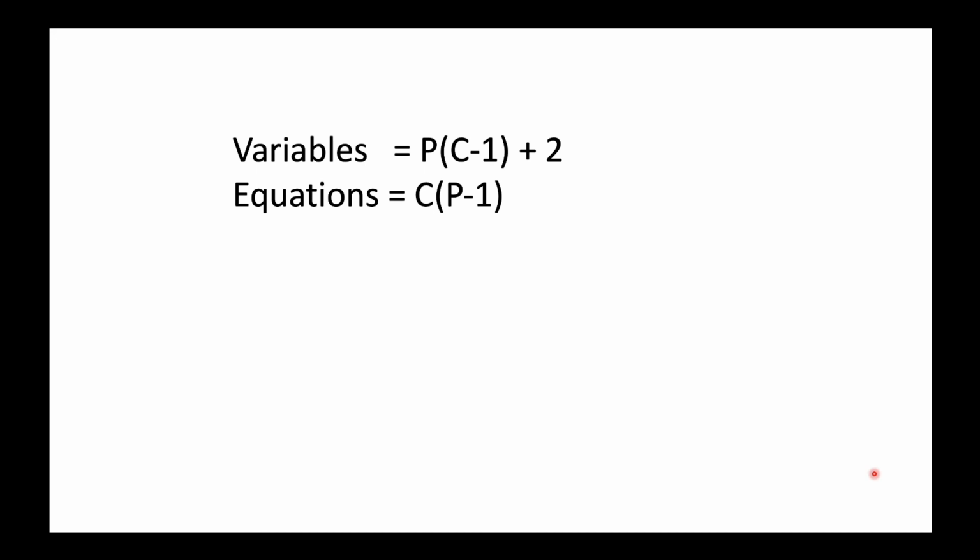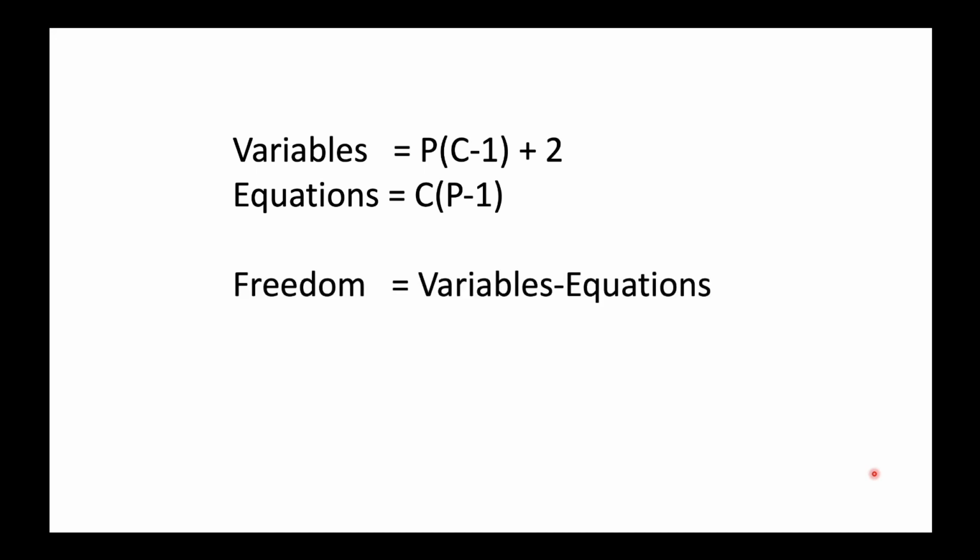So to figure out how many degrees of freedom I have, I would just have to take the number of variables and the number of equations and subtract them. And the remainder would be the degrees of freedom. Another way of thinking about this is that if we had 3 variables and there are 3 equations, then I basically know all 3 variables by solving the 3 equations. So degrees of freedom are 0 because I cannot change any variable according to my wish.